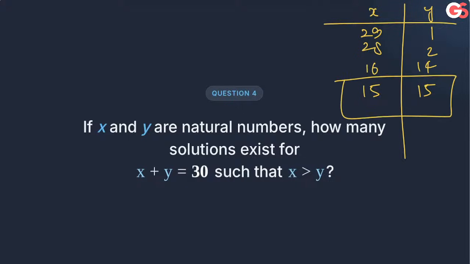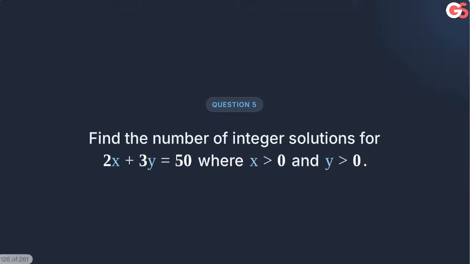So how many solutions do we have? We can count from here or here. Counting from here is a better way. 1 to 14, we have 14 as the answer. Is that clear? We have 14 as the answer, not 15. Ankit.